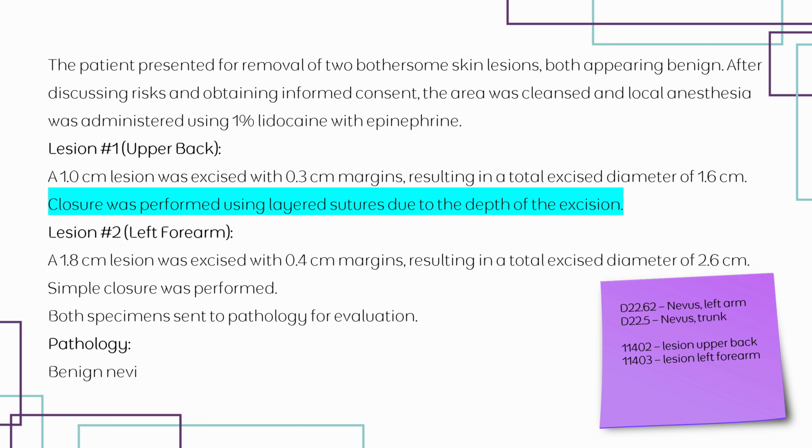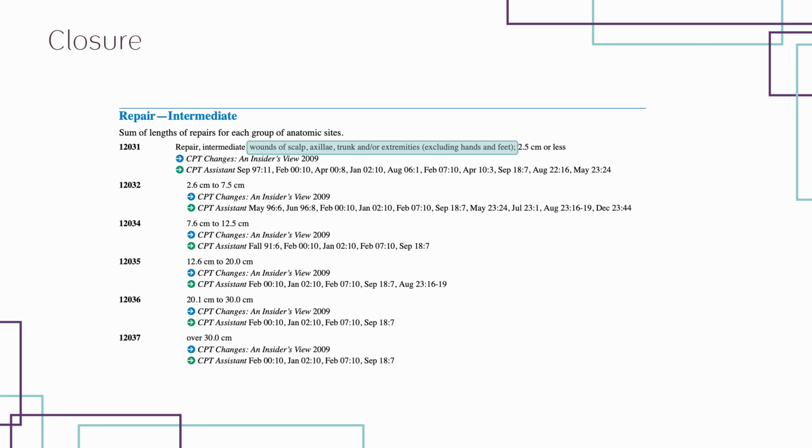Therefore, we will use the excised diameter of 1.6 centimeters for the size of the closure as well. Looking at the group again, which code do you think we should use for the 1.6 centimeter closure? You should choose code 12031 for the intermediate repair of 1.6 centimeters.